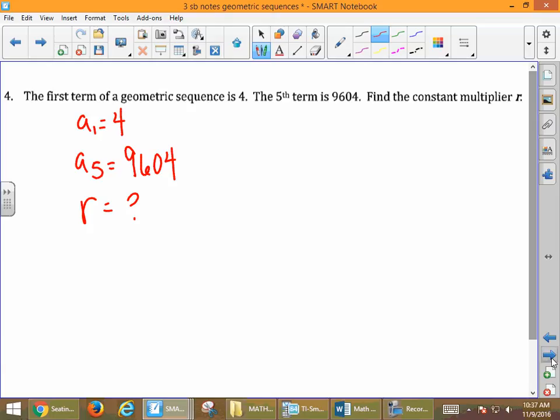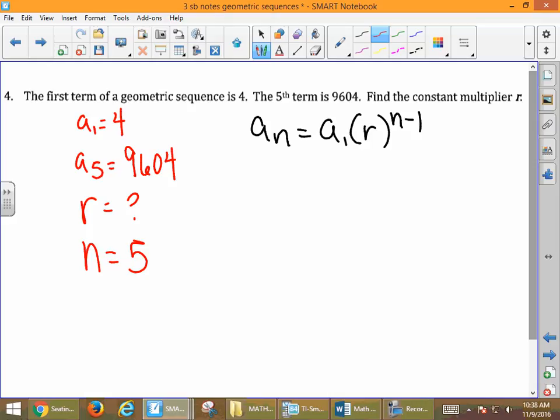And if I write the equation down, a sub n equals a sub 1 times r to the n minus 1, what other variable do we know? Right? We know n. And n is actually in this because we know a sub 5, and it's going to be 5.